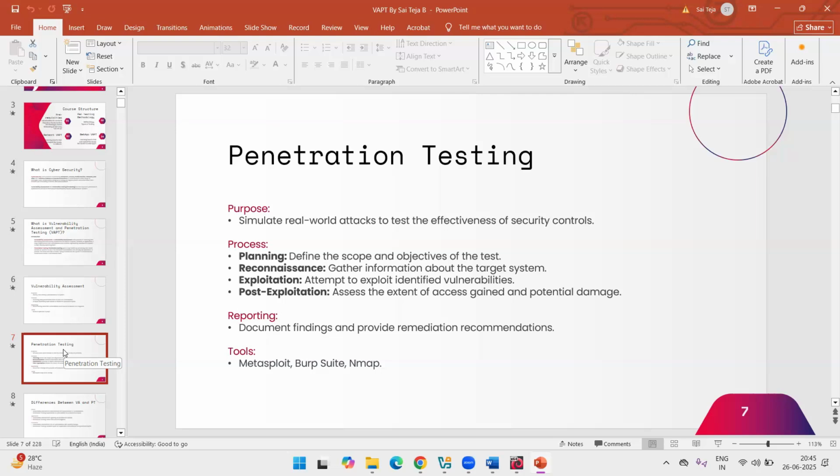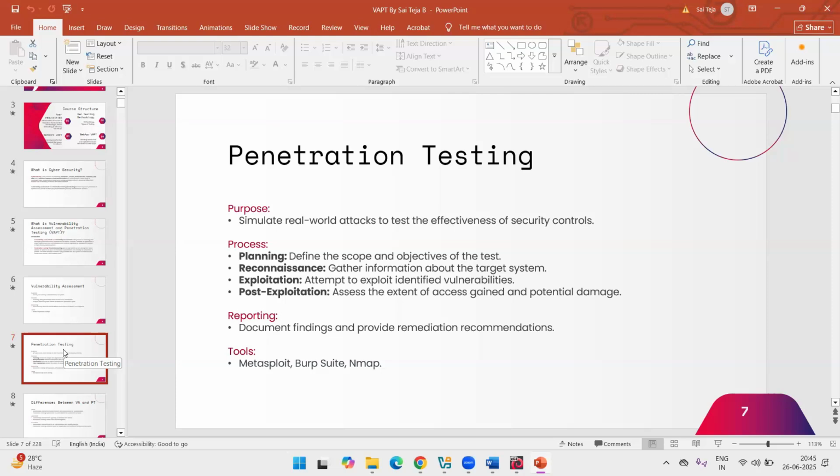But penetration testing always happens with the proper scope. We take the permissions before we break into any system. We have ethics.